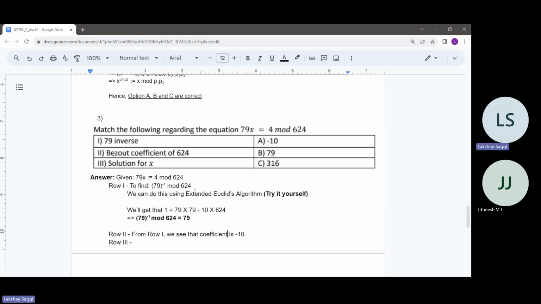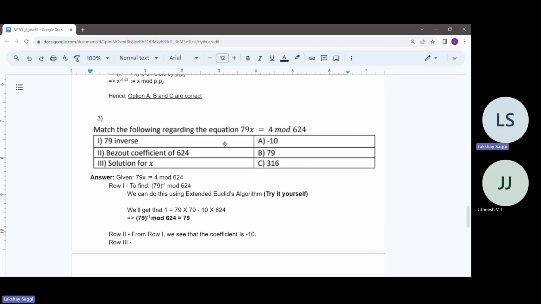Essentially, the Euclid algorithm is less of a thinking process and more of just labor work. That's why I'm trying to avoid it, because it is very straightforward to follow and you can do it easily. After that, everything is easy to follow. Now in row 3, we need to find the solution for x.